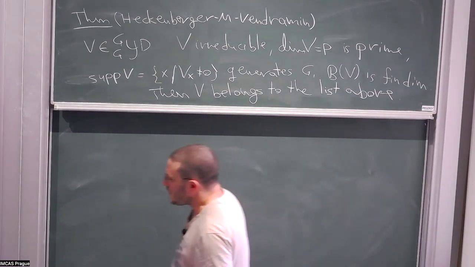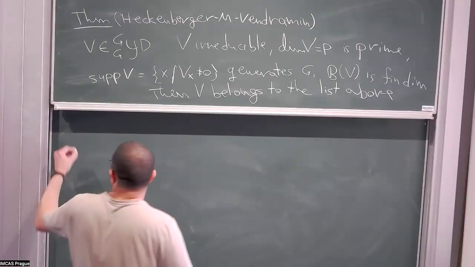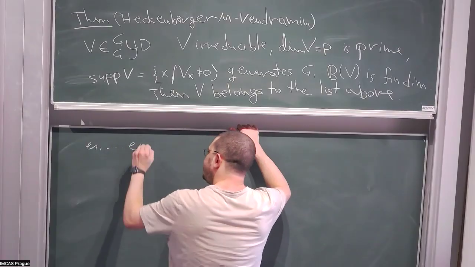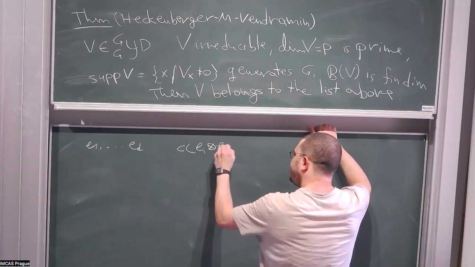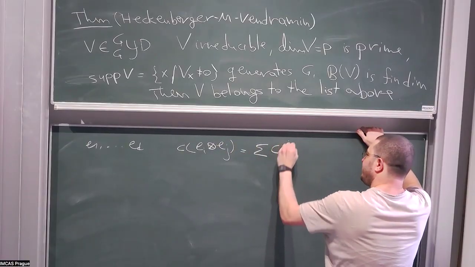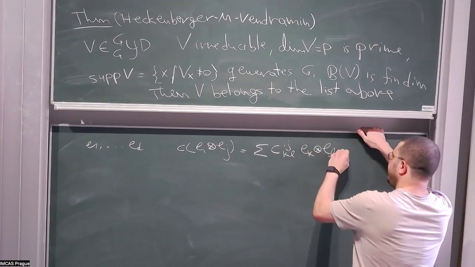So again, all of these things sound very non-commutative, but in the end, when we actually want to describe them, to write them down, we take a basis and we have linear maps and we just write the coefficients with respect to this basis, right? So if I fix a basis of a vector space, e1 up to ed, then I can write my braiding as c of ei tensor ej as the sum of c_ij^kl ek tensor el.